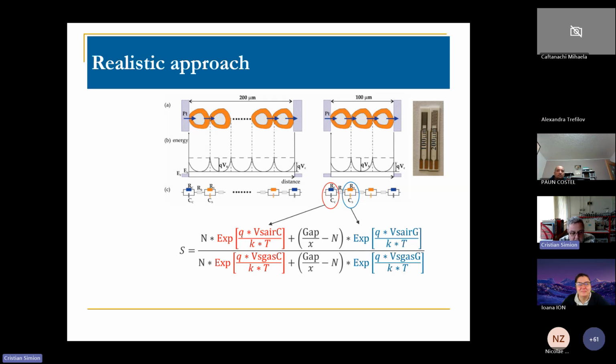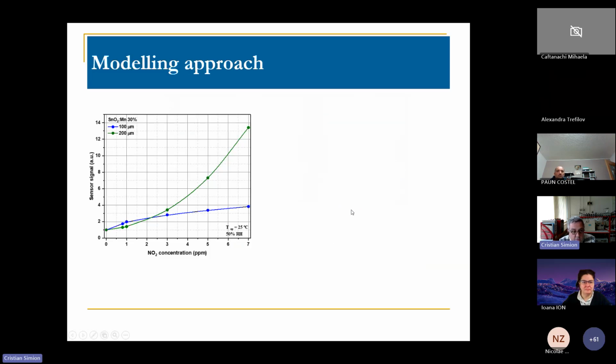They do not bring any contribution to the sensing effects. So in fact, the more RC circuits between grain-to-grain boundaries we have, the more sensor signal there is. This is what we saw experimentally.